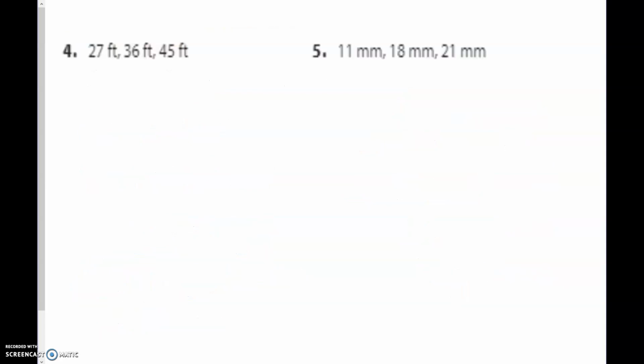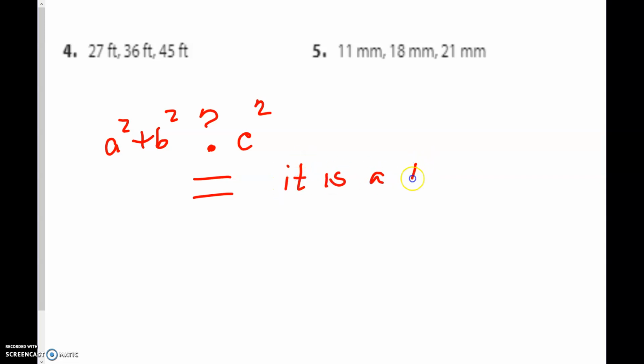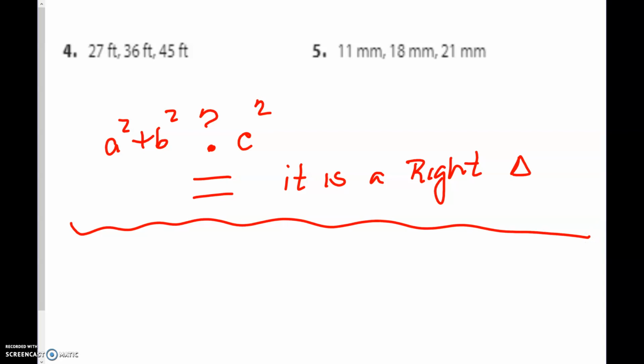All right, that should do it for example problems for you. So remember, we're doing the converse. We're seeing if the two sides, does a squared plus b squared equal c squared? And if they are equal, our conclusion is it is a right triangle. Now remember, for those of you looking for a little bit of extra credit here, the next level would be, can you tell me if it's not equal? If it's not equal, then you only have two situations.